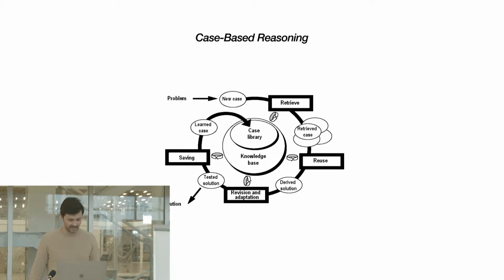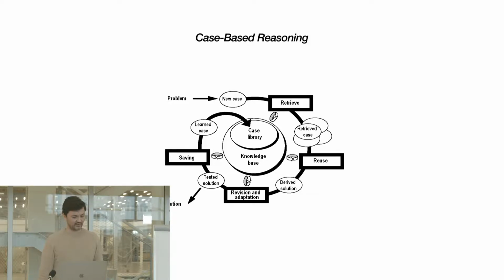According to this approach, if you need to solve a certain problem, you should not be starting from scratch. You should instead look at how similar problems have been solved before, according to their requirements. So what this system needed to have is a large database of cases.